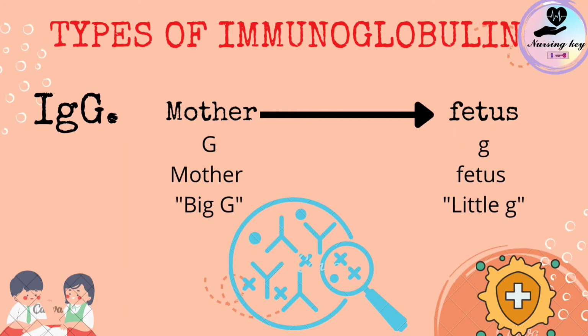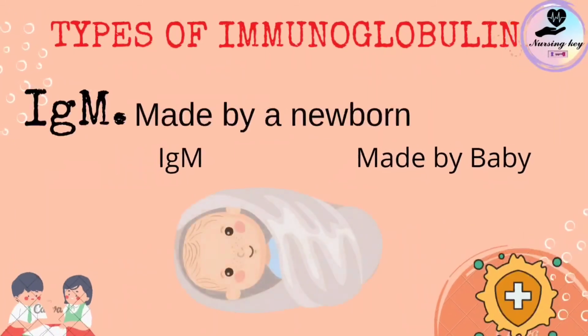IgG is the only antibody class that significantly crosses the human placenta. So this is the mnemonic for you: capital G, mother, big G, and small g, fetus, little g.